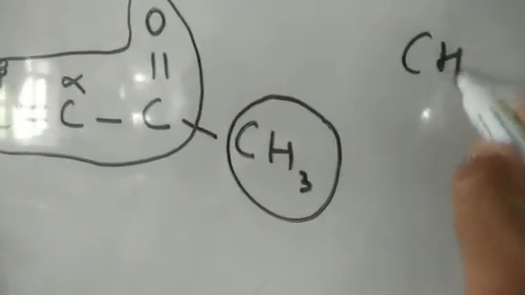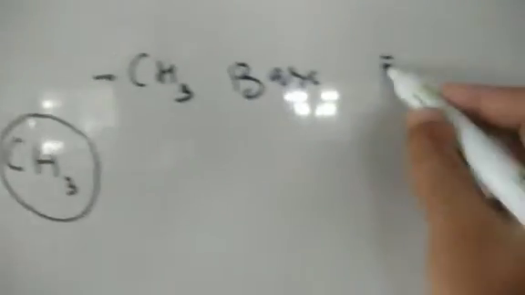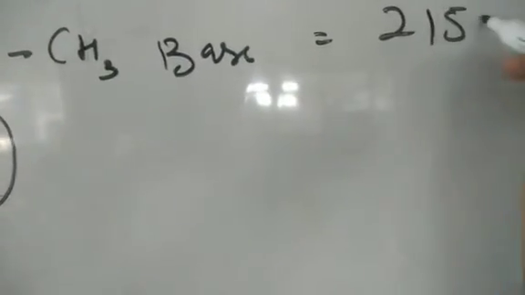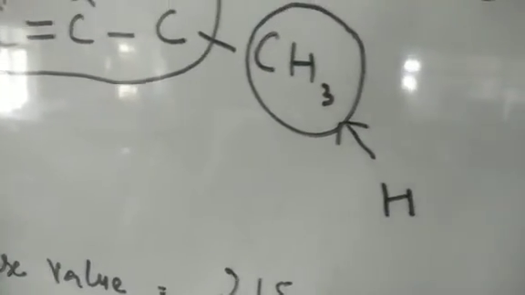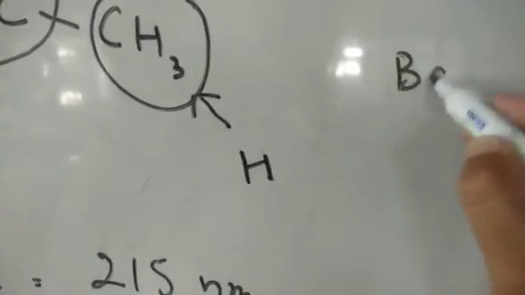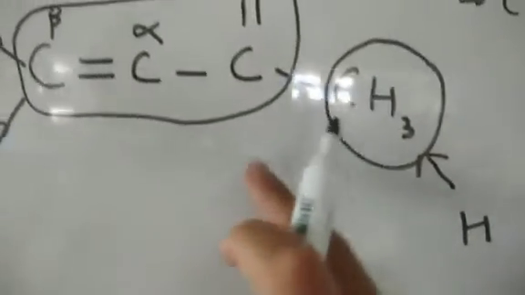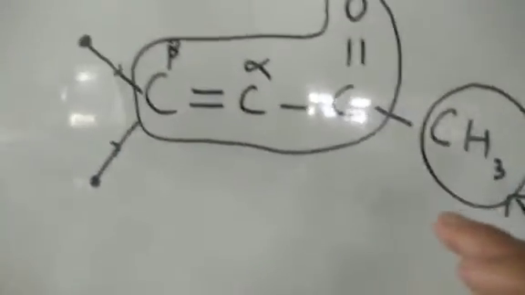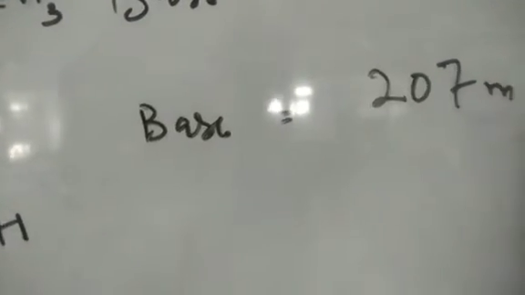If you have an alkyl group attached to this carbonyl, the base value will be 215, as we took in this example. Now instead of this, if you have H, the base value will turn out to be around 207. So it decreases, fine.